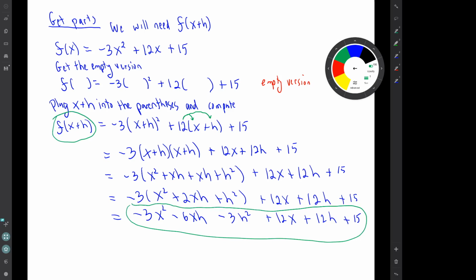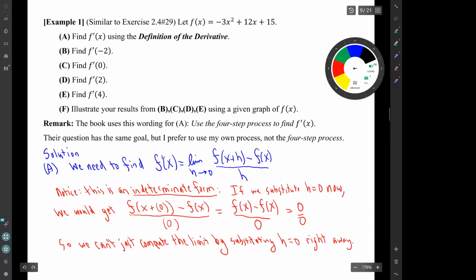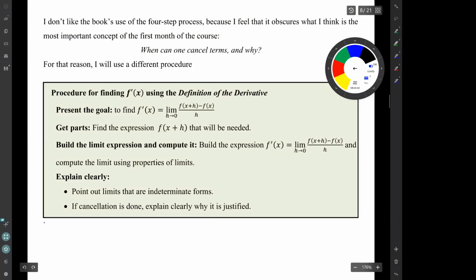Now, what's next? We've got the parts. We presented our goal. We got the parts that we needed. So we have to build the limit expression and compute it. That is, we need to build this.